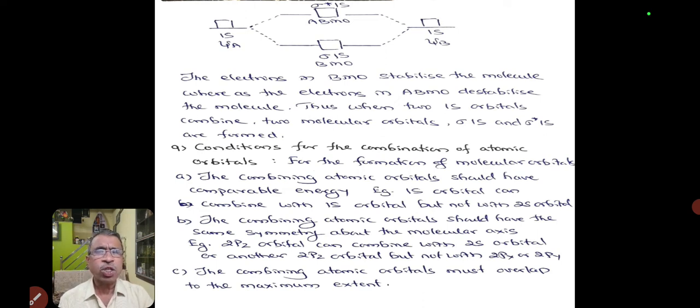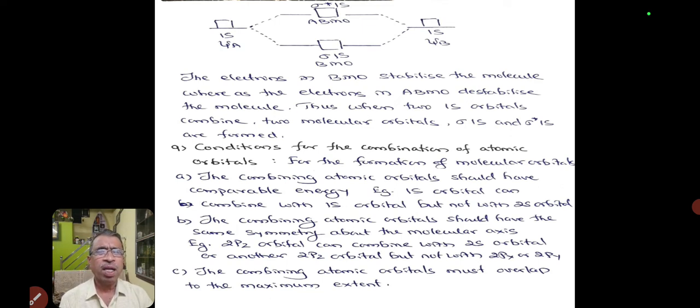Now let us study the conditions for the combination of atomic orbitals. For the formation of molecular orbital, number 1, the combining atomic orbitals should have comparable energy. That is, a 1s orbital can combine with a 1s orbital but not with a 2s orbital.